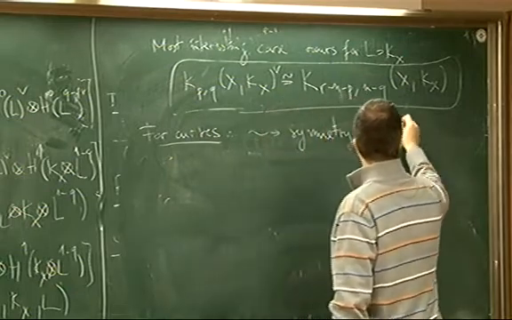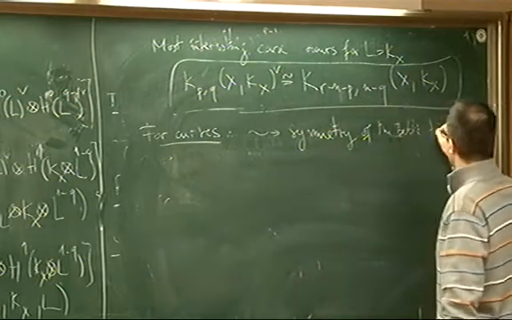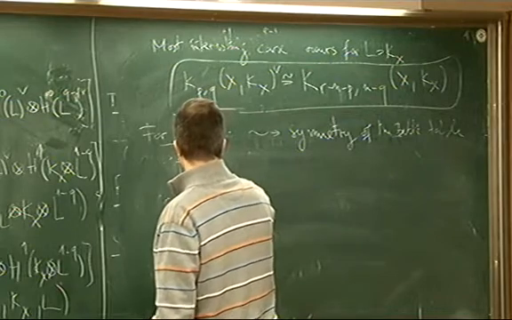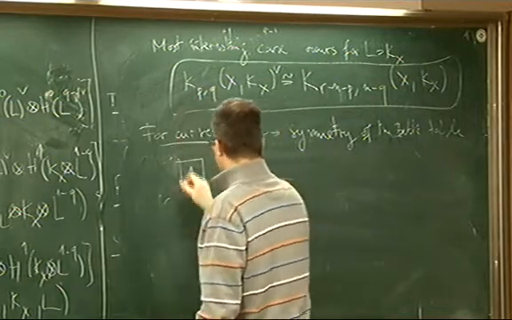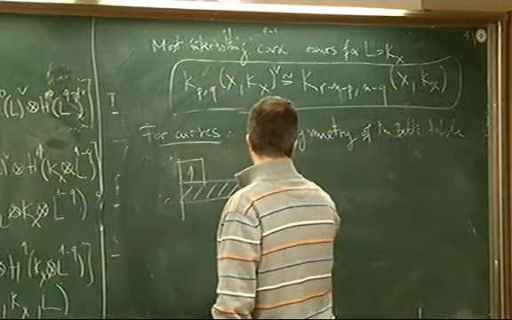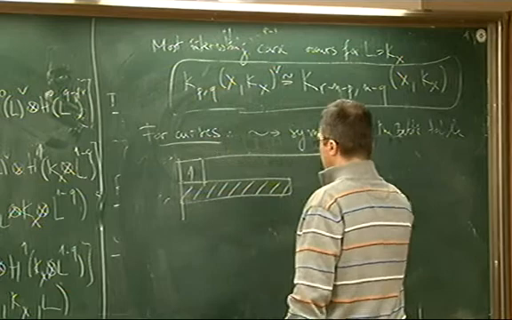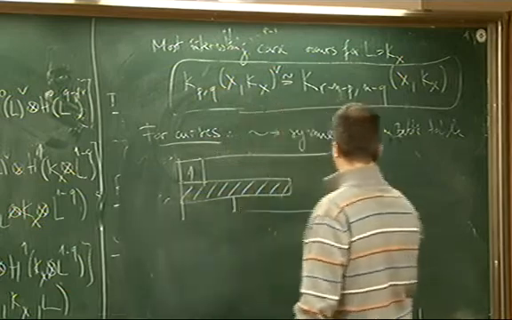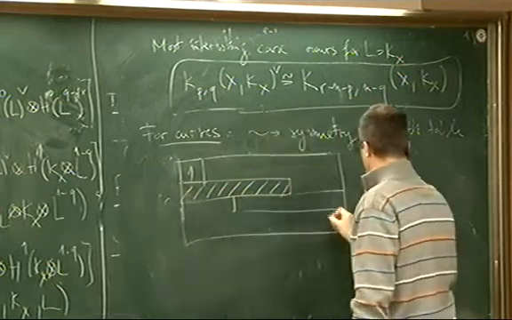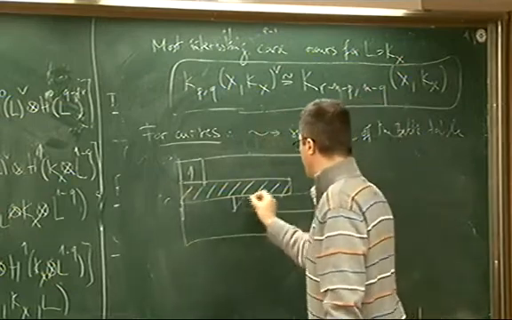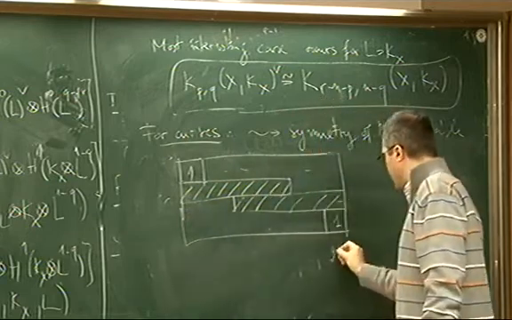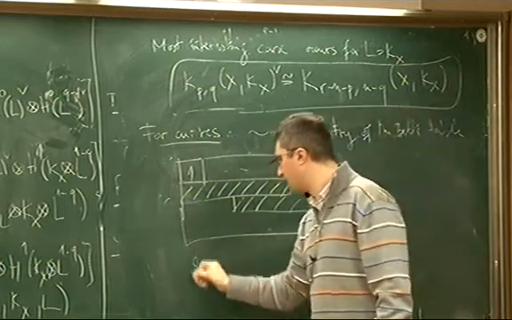The Betti table will look like this: we will have 1 here, then some dimensions, then again 1, and then zeros, with column g minus 1 and column 0.